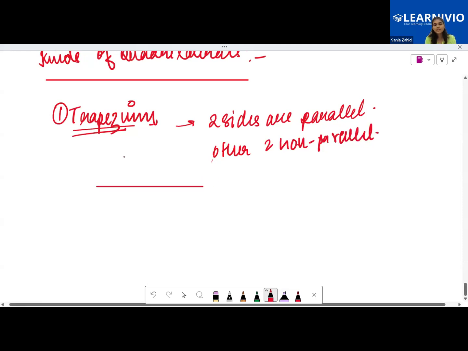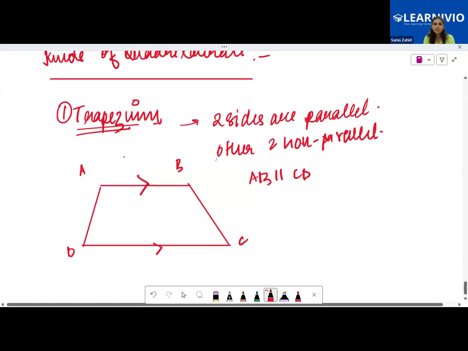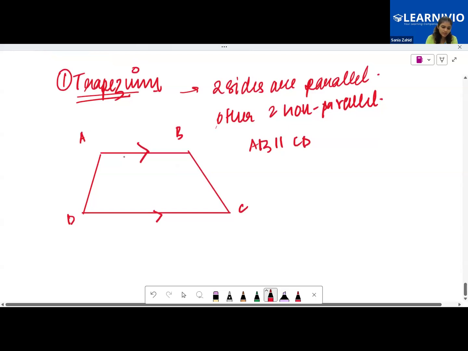We have one side and one more side, and they are parallel. Then you can join these sides, and these are non-parallel sides. So if you say A, B, C, D, AB is parallel to CD. Is AD parallel to BC? No, it's not parallel. So in a trapezium, two sides should be parallel.